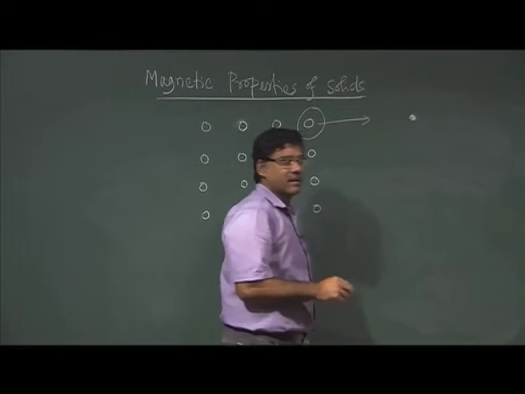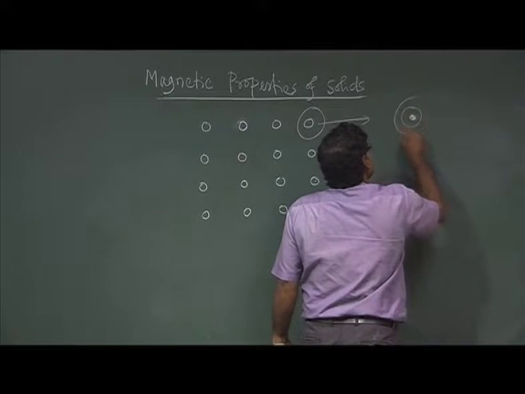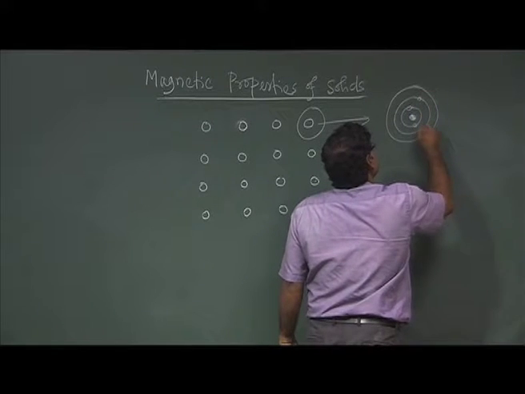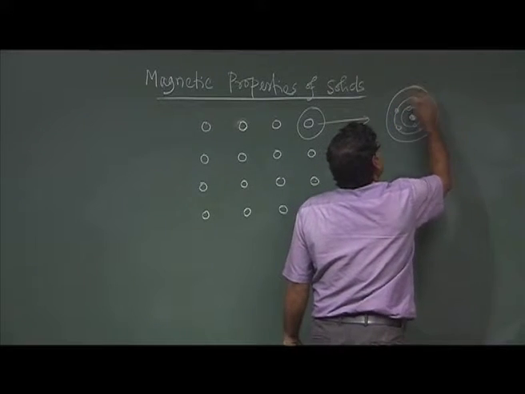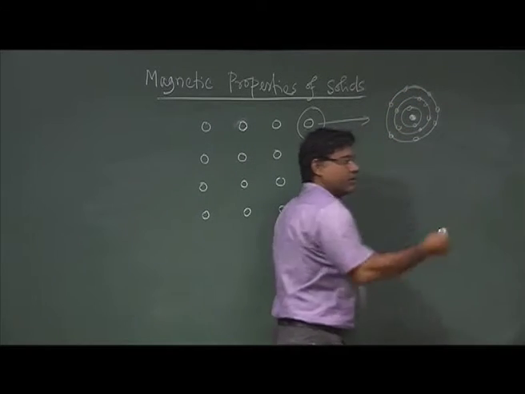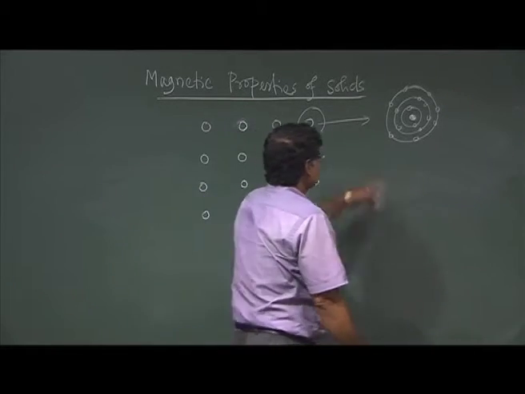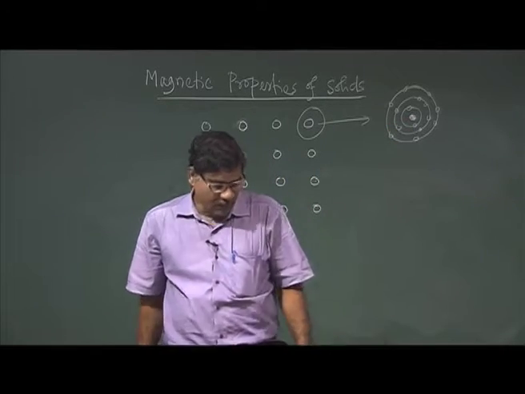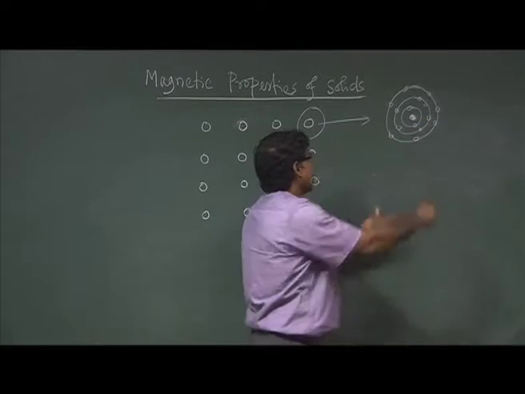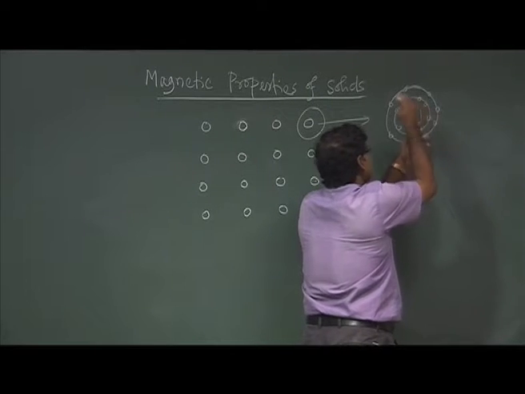Already I have discussed earlier. It has a nucleus and the electrons are in orbit, and so on. I have put the number arbitrarily. So, the atom has a nucleus and then it has electrons in orbit, right.